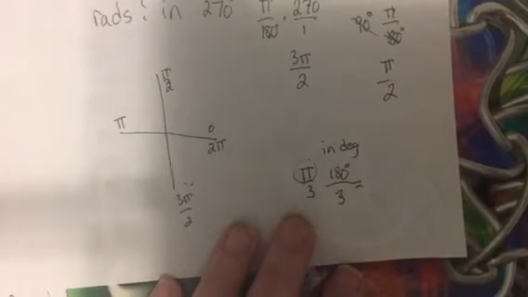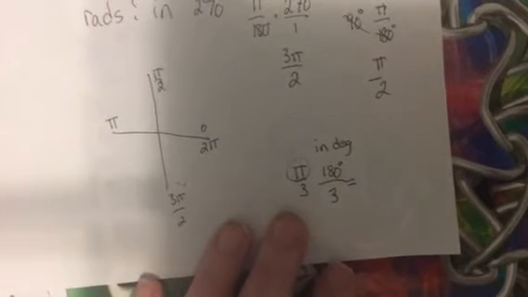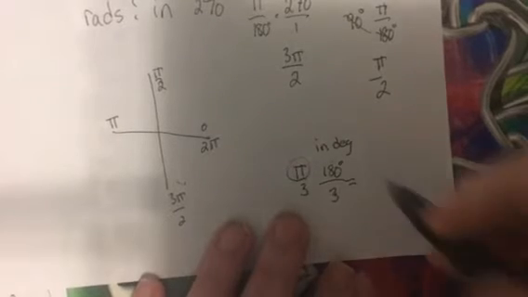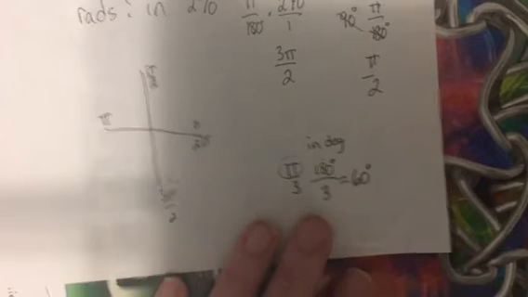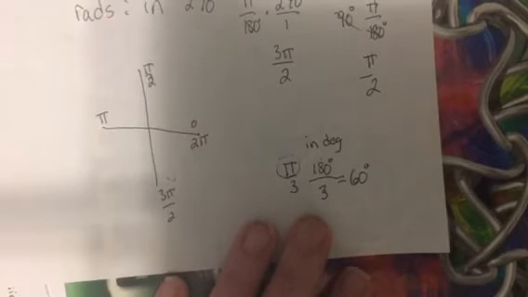It's 180 degrees. Remember I kept telling you that 180 is 3 times your 1? That's because 180 is your pi, and pi is 3.14 and so on. So pi over 3 is the same as 60 degrees.